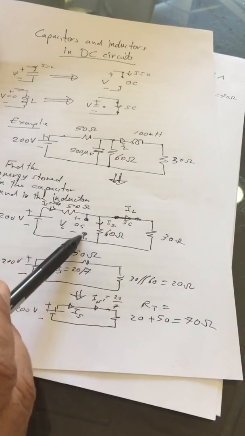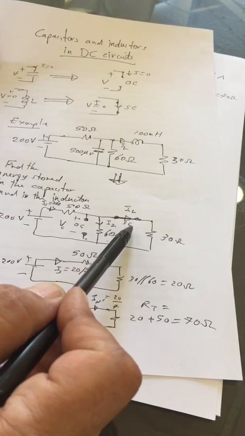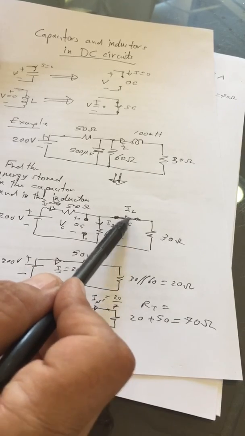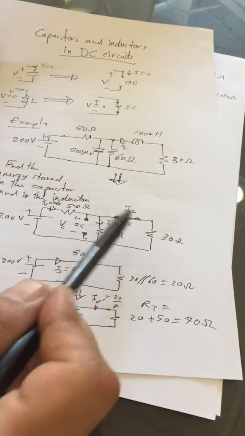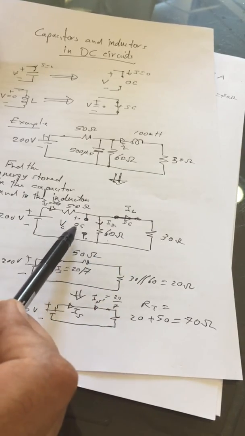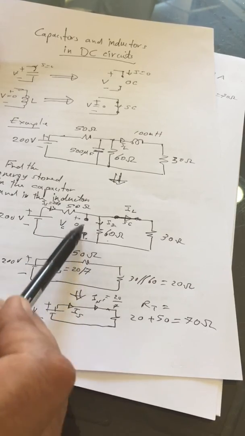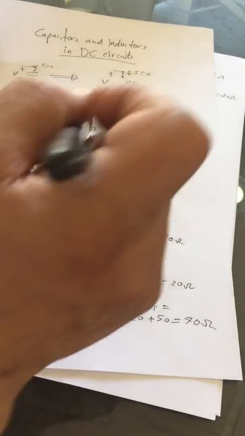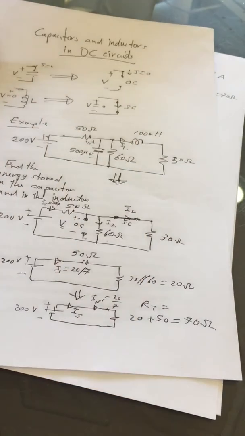We remove the capacitor, but we make an open circuit. So what we need to know is the current in the inductor, which is IL, which is I in the short circuit, the current in the short circuit, and we need to calculate the open circuit voltage. This VC is the same as plus minus VC here.